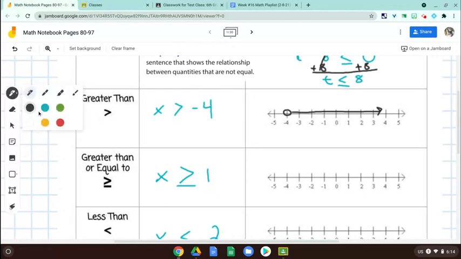So to graph this on the number line, I'm going to find 1. This time I'm going to give it a closed circle because x could also equal 1, not just anything greater than 1. And then I'm going to draw an arrow going to the right, indicating that x could be any of these numbers that is greater than or equal to 1.